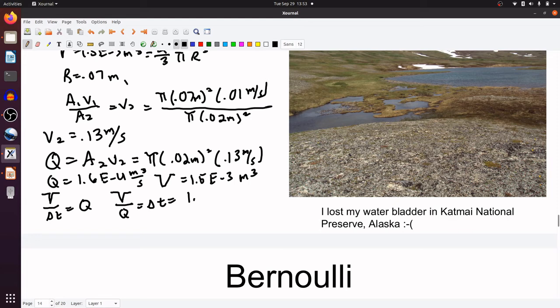So this is 1.5 times 10 to the negative third cubic meters over 1.6 times 10 to the negative fourth cubic meters per second. All right, so 1.5 times 10 to the negative third divided by what's already in my calculator is going to give you about 9.2 seconds.